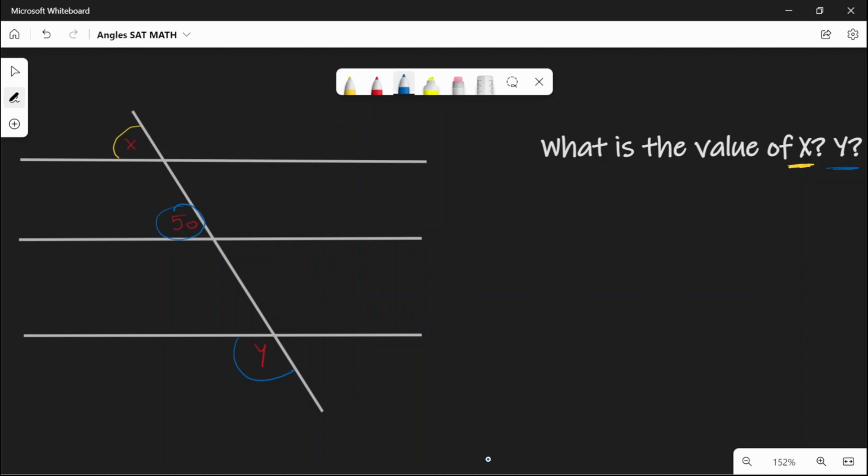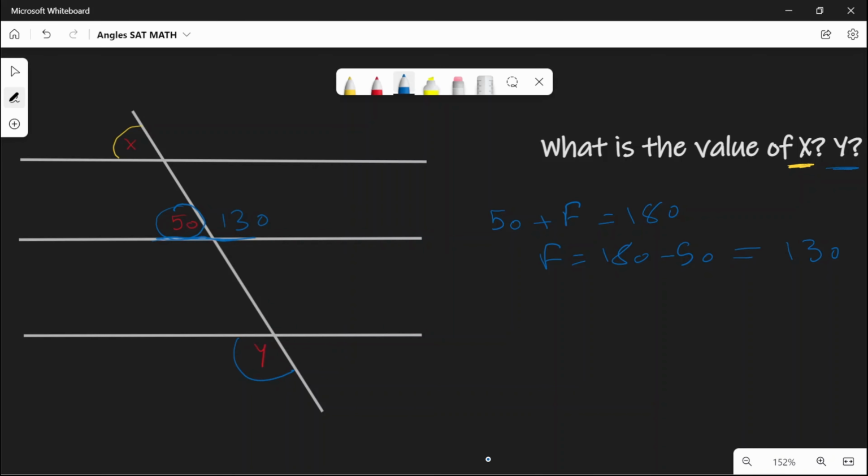Now we know that 50 plus whatever angle here, let's say it is angle F, is equal to 180, because they are based on the same line. Solving for F, we get F equal to 180 minus 50, and that's 130 degrees. So F is equal to 130.